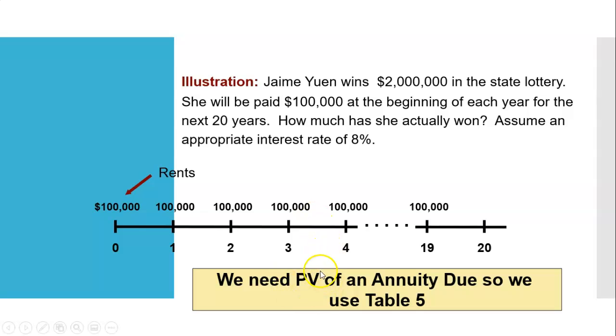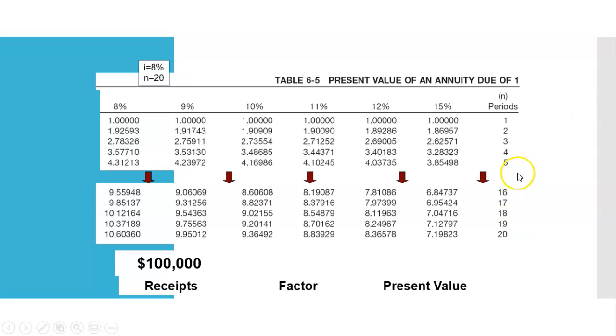We need the present value of an annuity due, so we're going to use table 5: PV equals R times table 5. Here's table 5. We have 8%, and we go down to 20 years, and that's 10.60360.